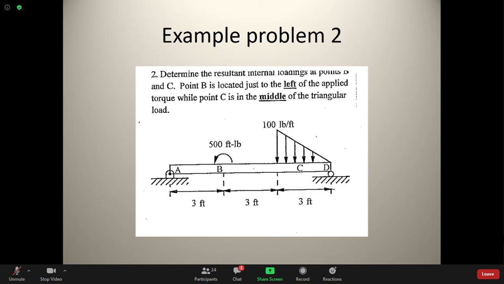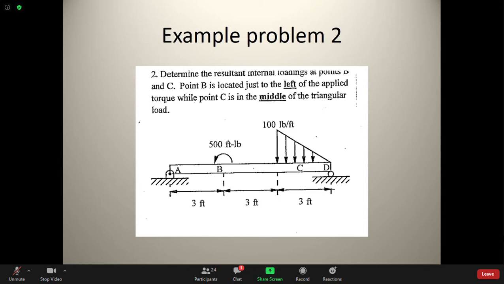And when I want to find at C, again, I will have to take a section and draw the free body diagram of the left-hand side if I have only found the support reaction at A. So let's start by finding support reactions. Actually, I'll give you a couple minutes. You can do it on your own, or you can follow me along.